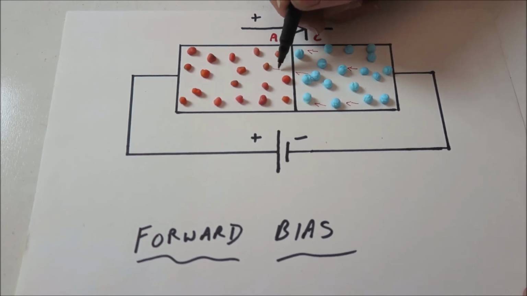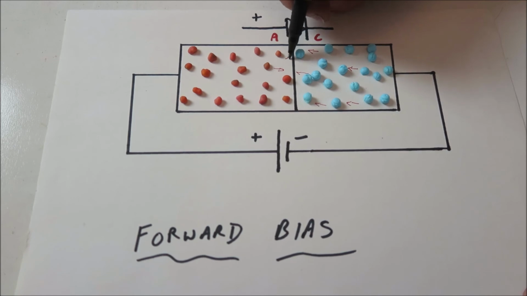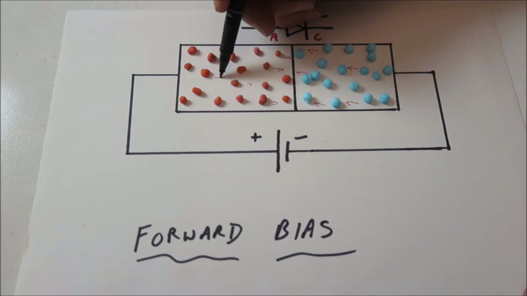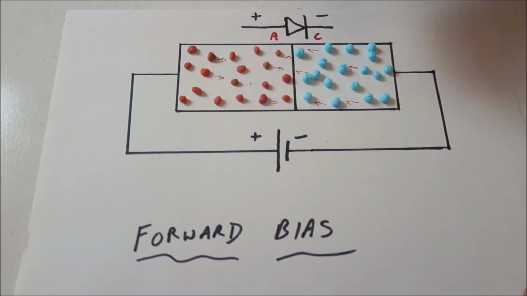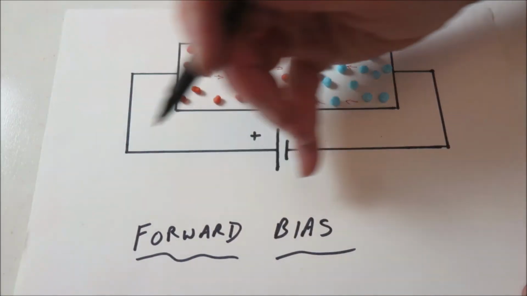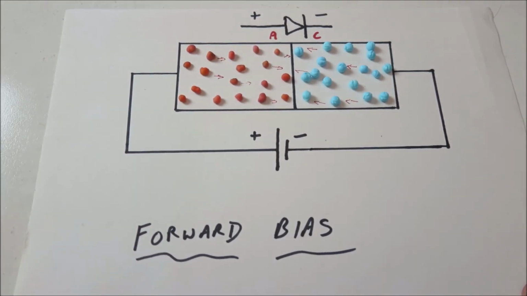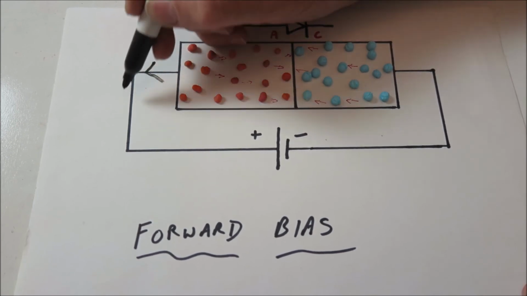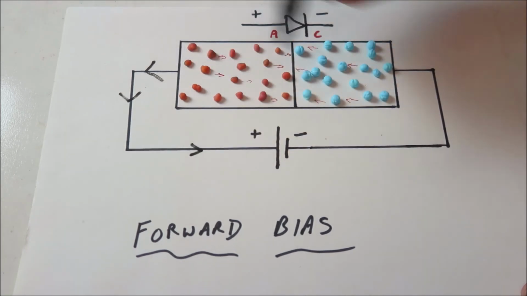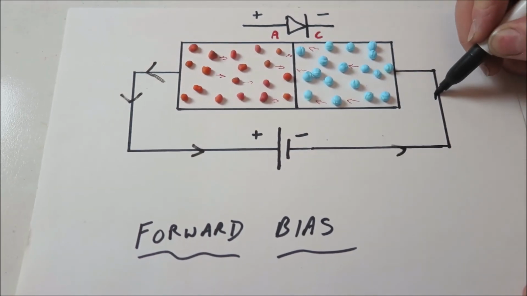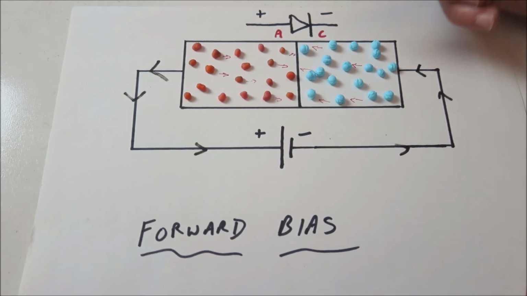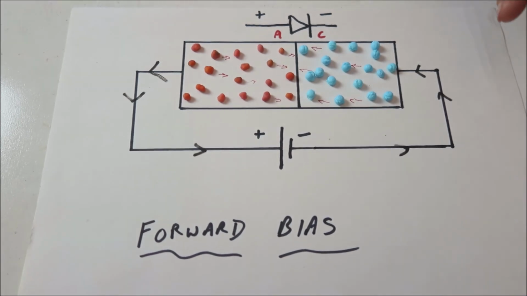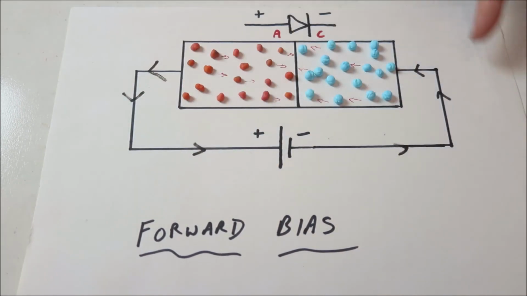So effectively the holes are moving this way. So that's it. We have electron flow going that way, so we have a current. We now have a current flow in forward bias with electron flow going that way around the circuit. And we have a very narrow, if not non-existent, depletion zone.